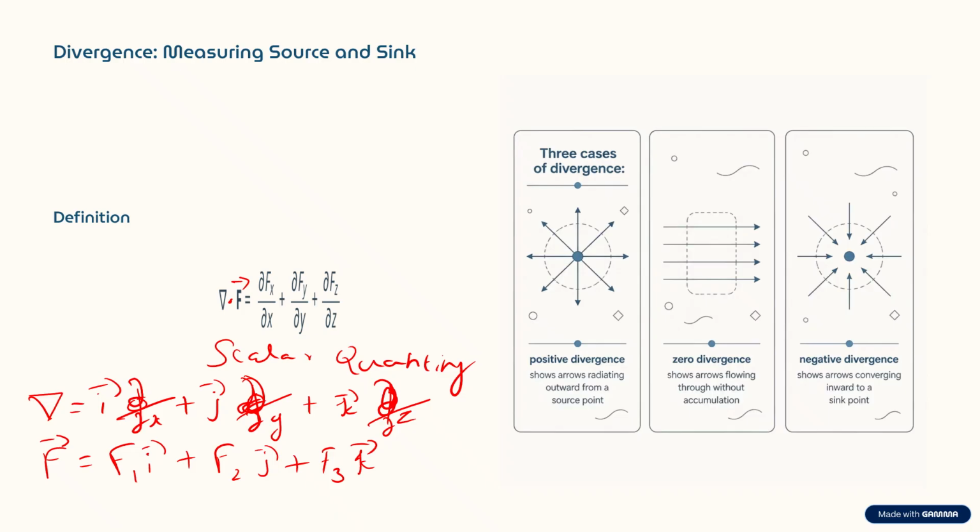When f vector is a constant vector, then the divergence of f vector is equal to 0. The other notation of divergence of f vector is div f vector.